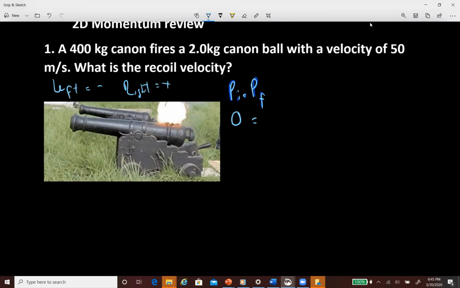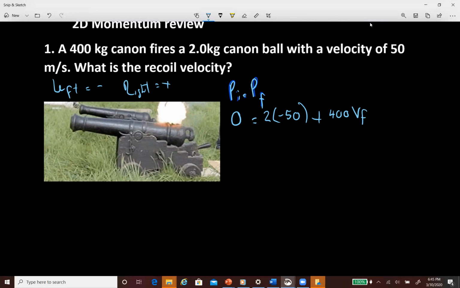So we could say the final momentum is the mass of the cannonball, which is 2, times its velocity, which is to the left, so I'm going to make that negative 50, plus the mass of the cannon itself, which is 400, times its recoil velocity, which we don't know. So that gives us 0 equals minus 100 plus 400 VF.